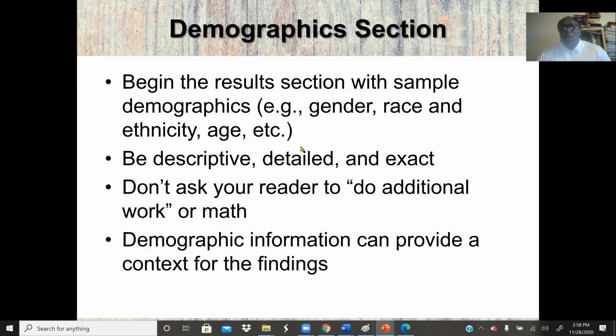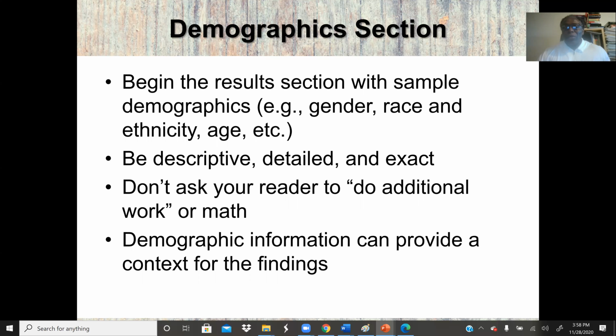We may have a demographic section. In the demographic section, we can begin the results section with the sample demographics. For example, we did a research on a particular population. In the results section, we can begin with the description of the population and what variables we are looking at.